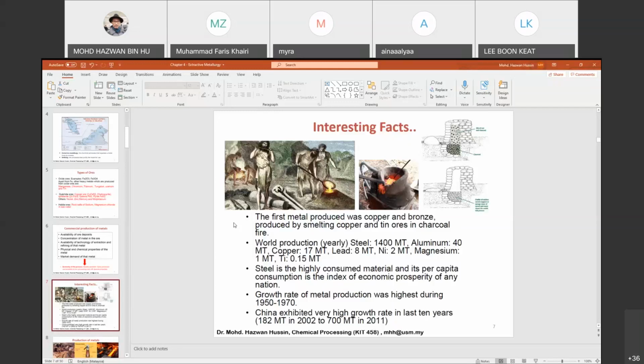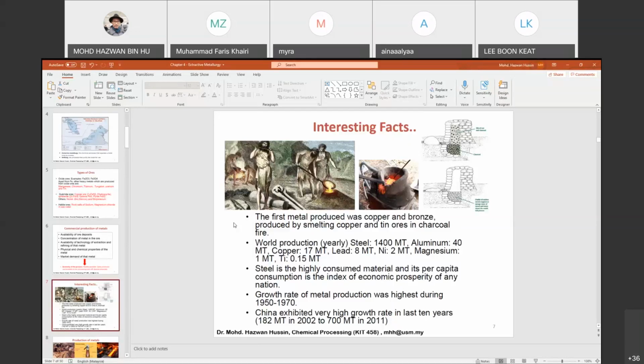In fact, it can be even before that, in the 1920s, 30s and 1940s, because in this era you have World War One and World War Two. During this time, a lot of tanks, airplanes, and ships were produced. Then the consumption of metal is also highest at that time.